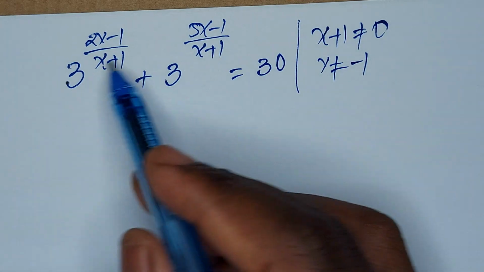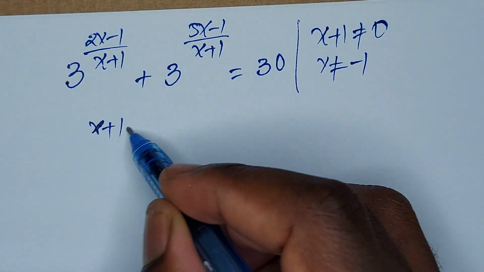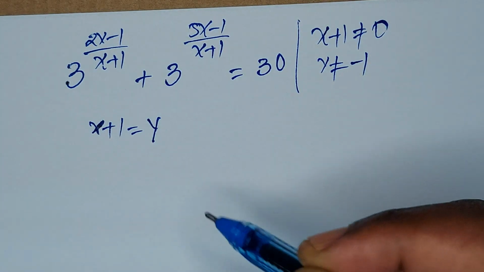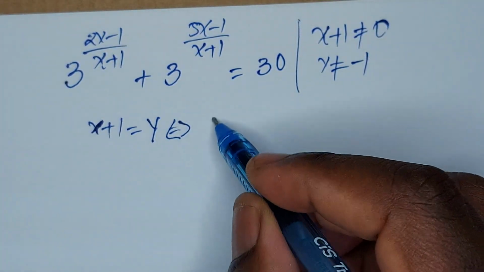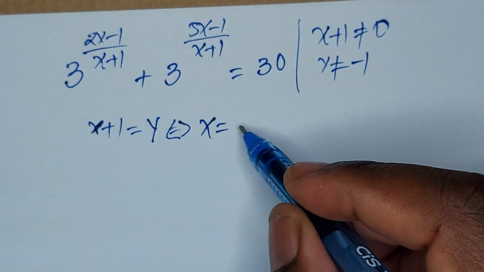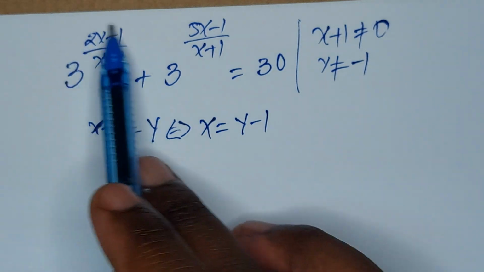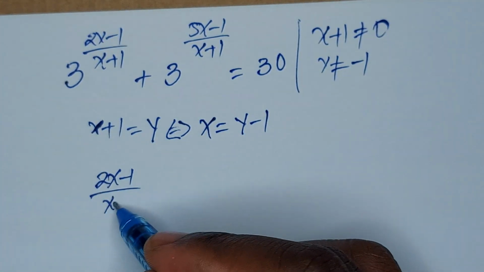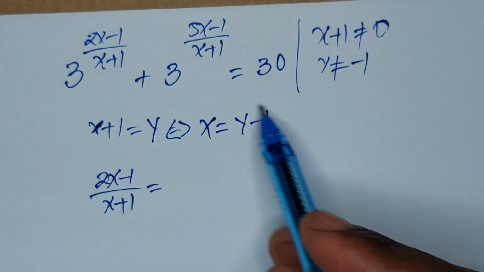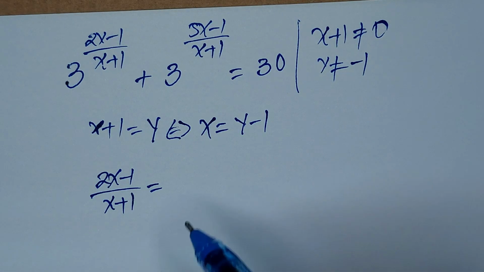To solve this problem, I'm going to say that x plus 1 equals y. From here, x is going to be equal to y minus 1. I'm going to pick the first power, which is (2x minus 1)/(x plus 1), and replace this value.